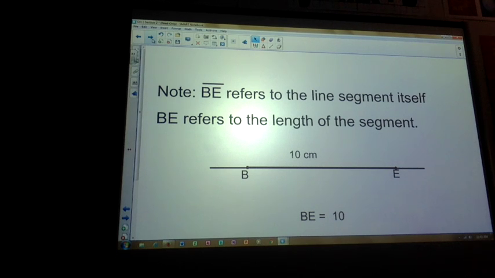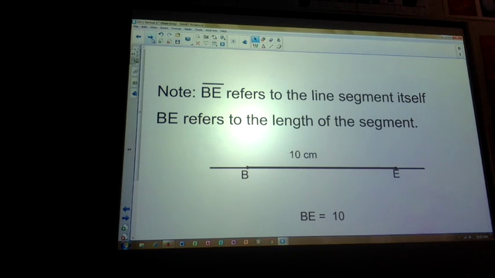Note, segment BE refers to the line segment itself. BE refers to the length of the segment. So we could say that BE is equal to 10. Notice how we have BE written without the segment line above it.